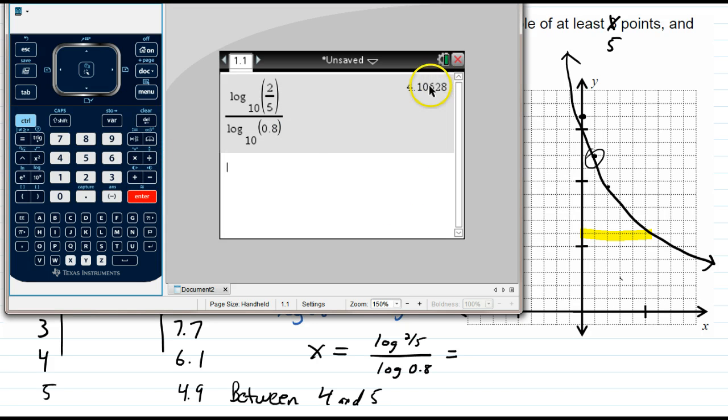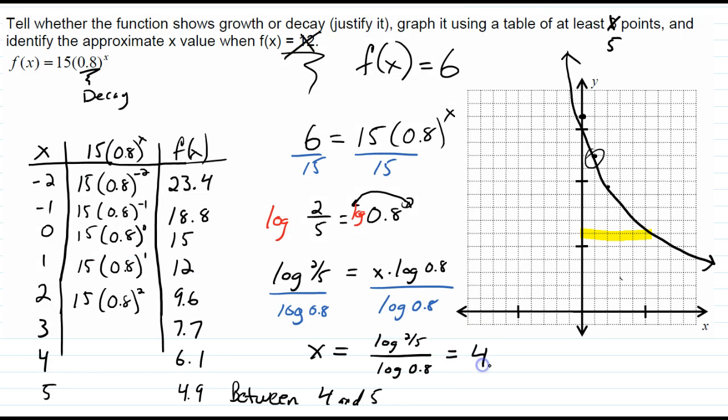And I get, notice how it converts it and makes everything look the way it should look, 4.10628. Remember, we said the answer was between 4 and 5, so that answer makes sense. The answer is, we'll just call it 4.1 for now, approximately.